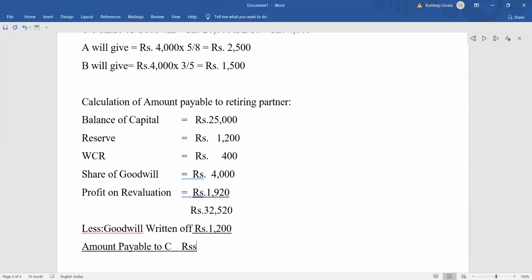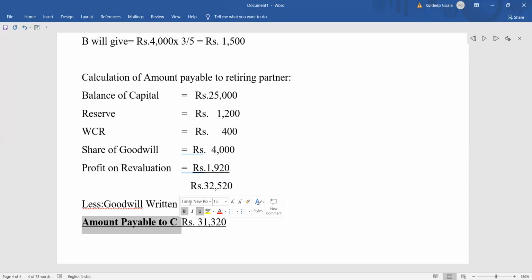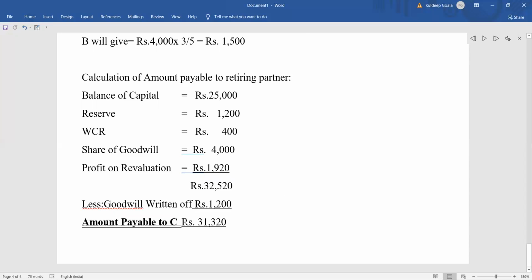We can see that after deducting this amount, whatever amount we are getting is 31,320 rupees, isn't it? So this is the amount which you are going to pay to C. I hope all of you understood this.